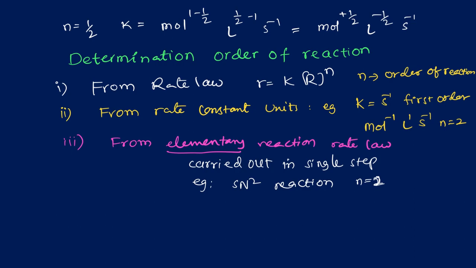There, how many molecules are participated in the reaction? 2. Therefore, molecularity is equal to 2, order also 2. Next, how to determine the order of reaction? Then fourth one, that is reaction condition.